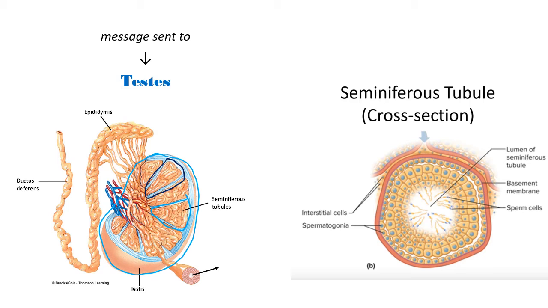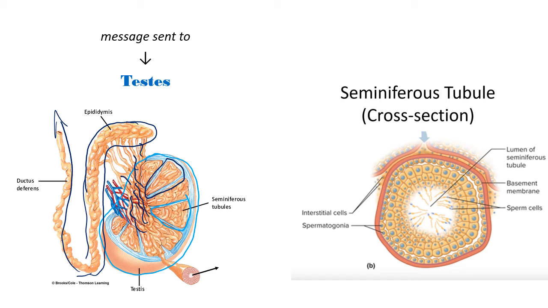Those seminiferous tubules are then going to feed into other tubules, and we're going to get into the rete testes, and then eventually into the epididymis, where the sperm cells are going to be stored. They're stored until ejaculation occurs, and then they'll head up through the ductus deferens, or the vas deferens, on their way out of the body.